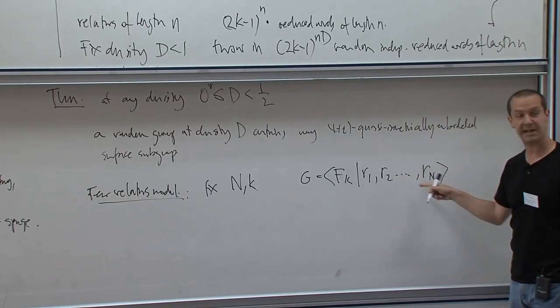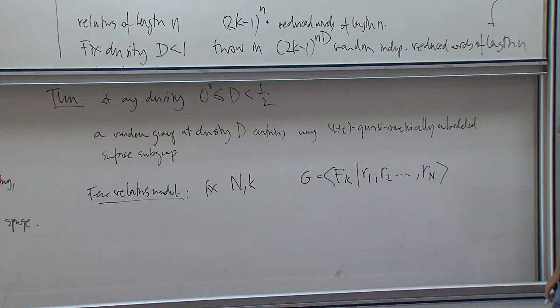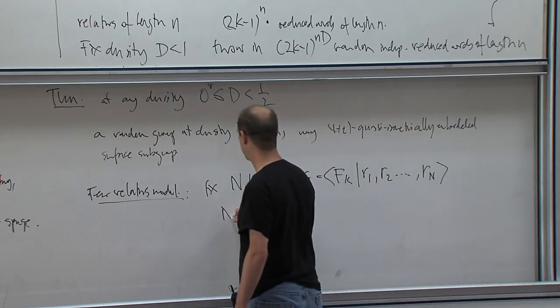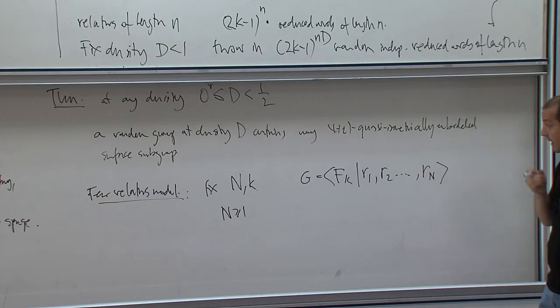The point is that the number of relators is fixed. It's not getting bigger as the length of the words get bigger. And let capital N be at least 1. Otherwise, it's pretty hard to find a surface subgroup.